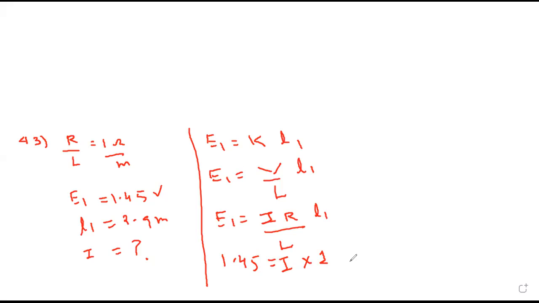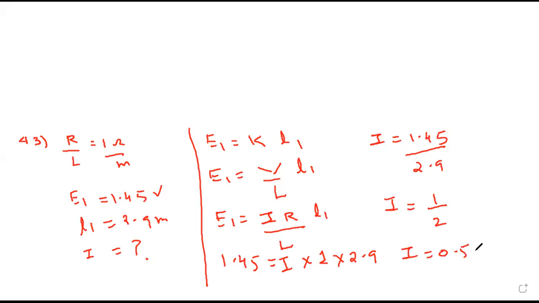R by L is given 1 and balancing length 2.9 meter. So I is 1.45 upon 2.9. That is nothing but 1.45 into 2. So I is 0.5 ampere. Option C. I is 0.5 ampere.